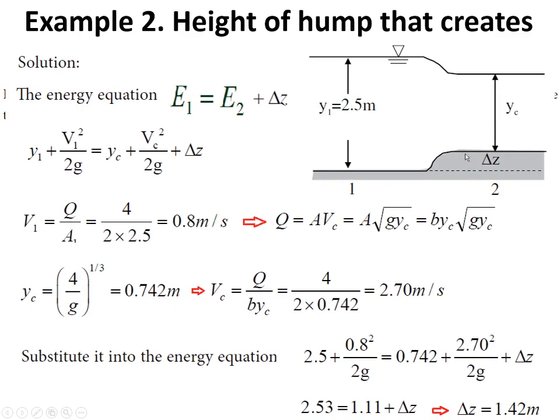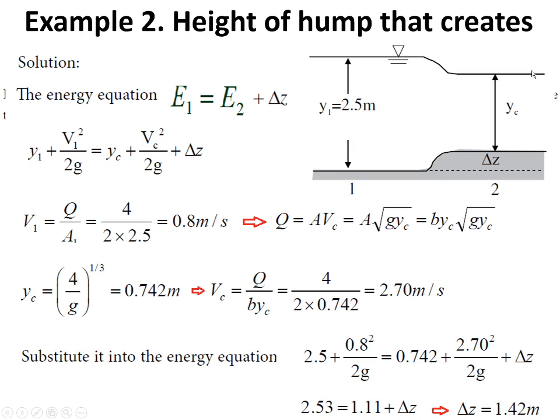I have the critical depth, therefore I can either use the celerity formula, velocity equals the square root of g yc, or g d, which for the case of critical flow, d should be the critical depth, or use the well-known continuity equation, v equals q over a.